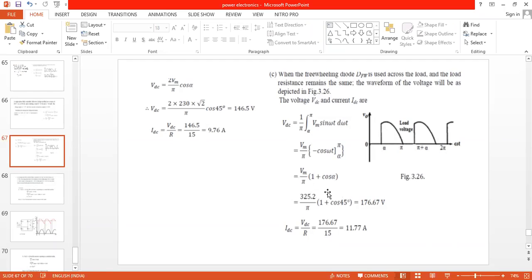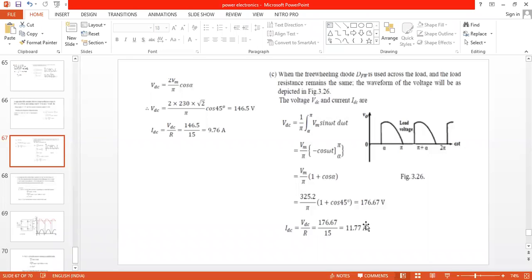Right. So all of you check what answer you are getting. Initially 176.8, right. So what is the conclusion? Yes, in the examination you can write the conclusion. Without the freely wheeling diode, the output voltage is maximum when compared with the freely wheeling diode for a fully controlled converter, because of the presence of the freely wheeling diode.